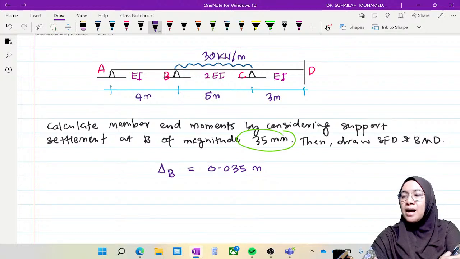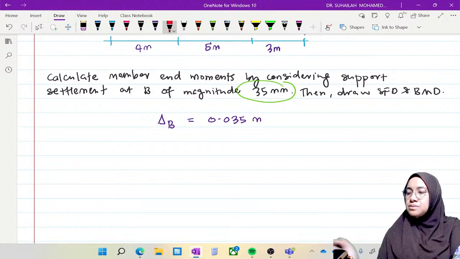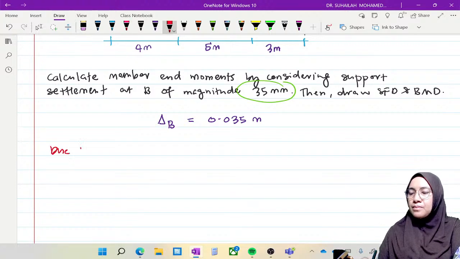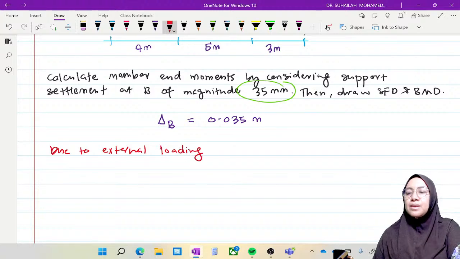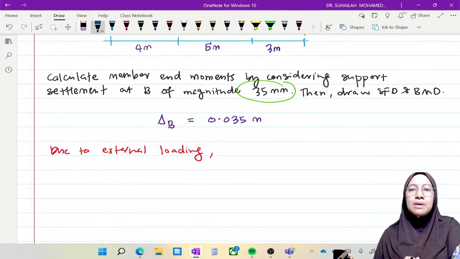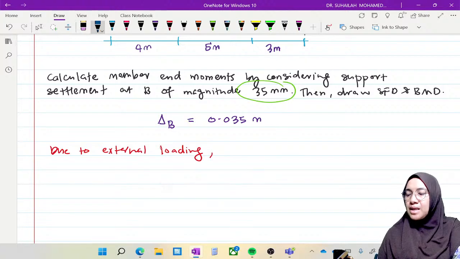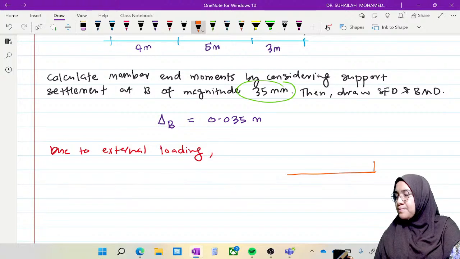By looking at the external loading, we can calculate FEM for member BC.